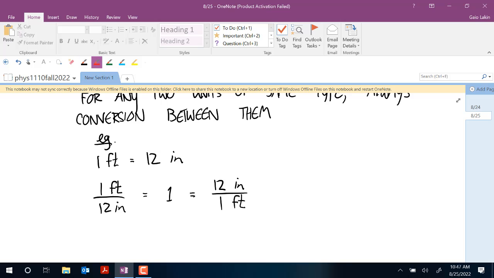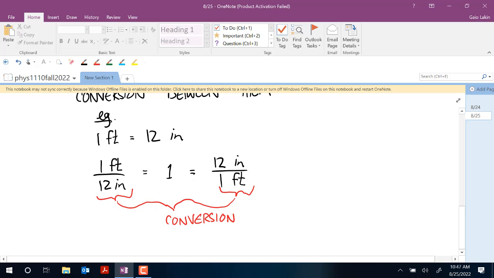Okay, these are the things. So this and this are what I'm going to call conversion factors. The factor just means that you're multiplying it to something.